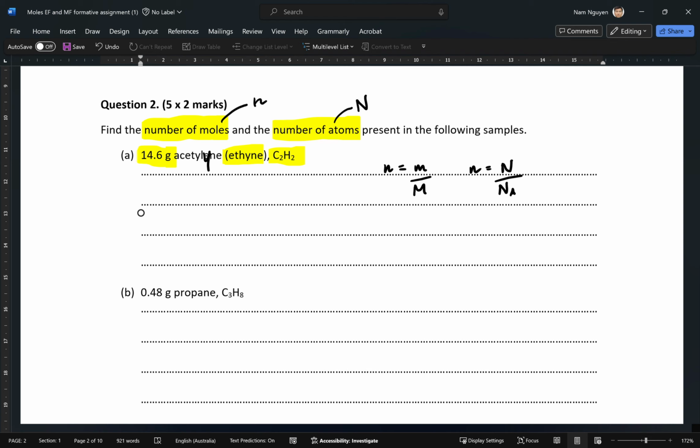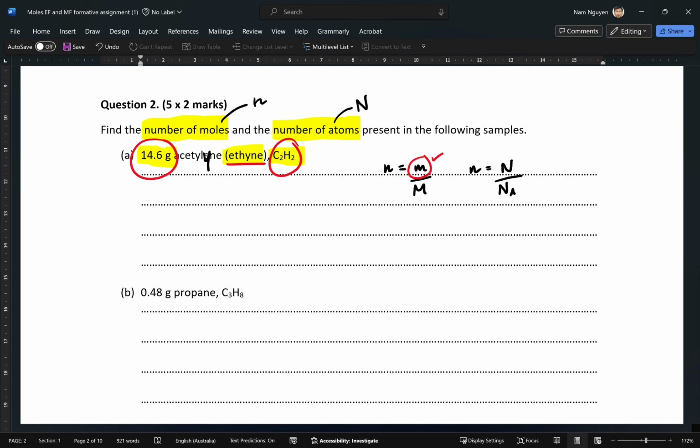Okay, so the information we do have that's being presented to us is the grams of the compound in question. We also have its chemical formula. So out of the variables, we only have mass. This is the only one we have.